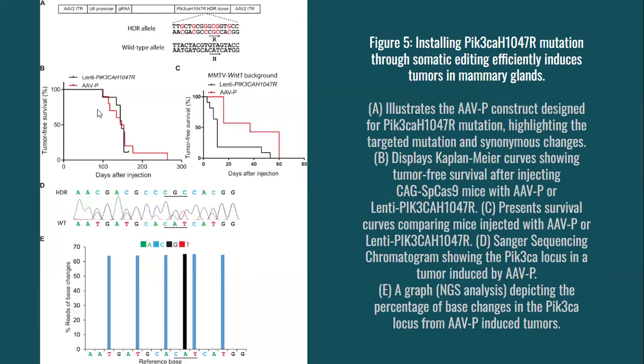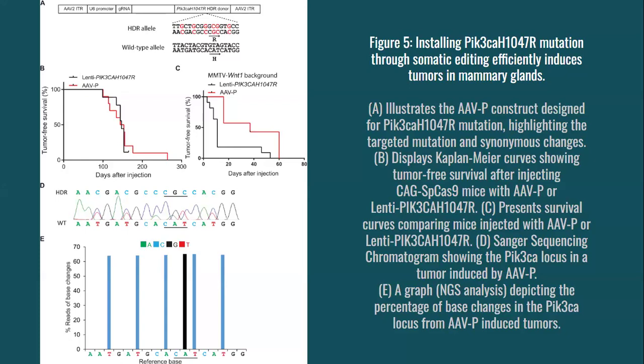Here you can see that in number B, the Kaplan-Meier curve basically shows the tumor-free survival of mice over time after being injected with gene editing tools. So here two groups are compared, right? One receiving a lentivirus and another with AAV vector.